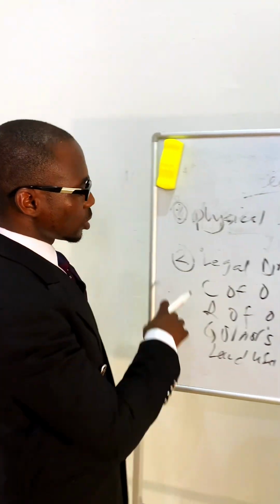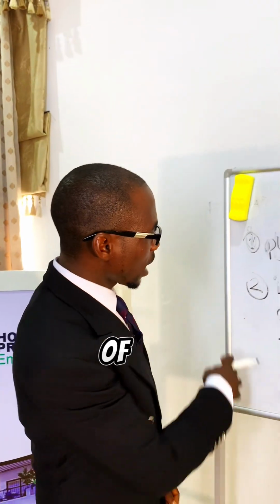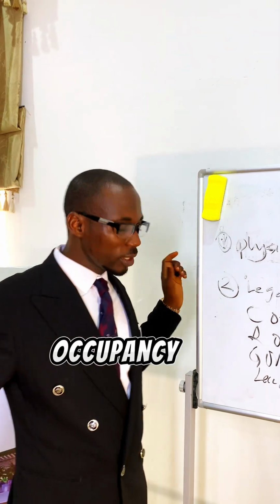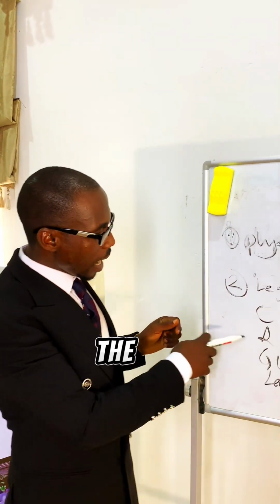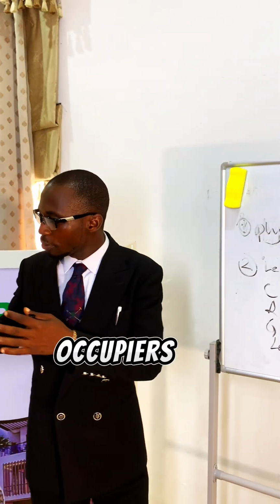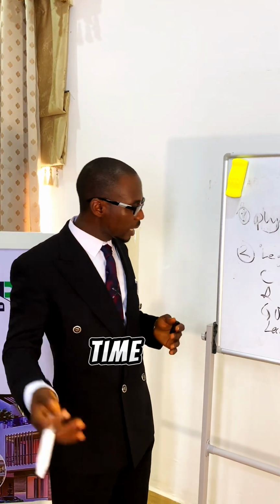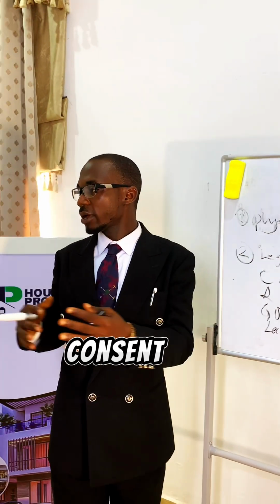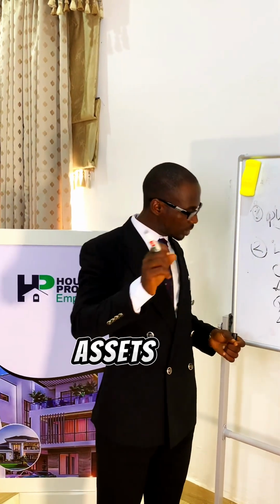Land Use Act. So C of O is the perfection of title, certificate of occupancy. Then the R of O is the right of occupancy, which has to be a short period of time you are to use the land before you perfect the title. And the governor's consent is the transfer of assets. A governor has to consent to it.